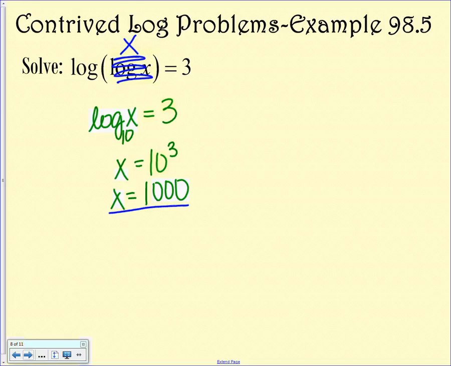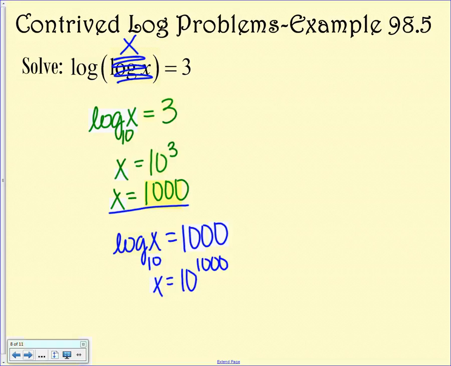Okay? So now we know that the log of x, we set equal to x, which was 1,000. And so then your base would be a 10 here. And so x equals 10 to the 1,000. Which, if you plug in your calculator, I'm pretty sure it's going to give you an overflow error. So you would just leave it as 10 to the 1,000.